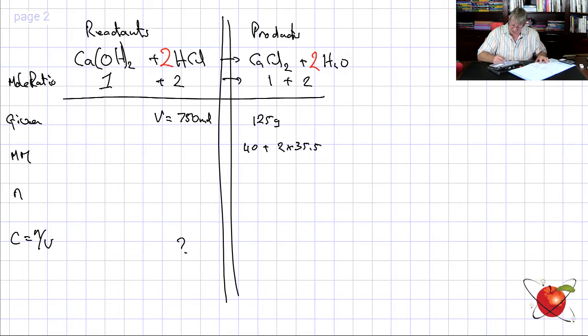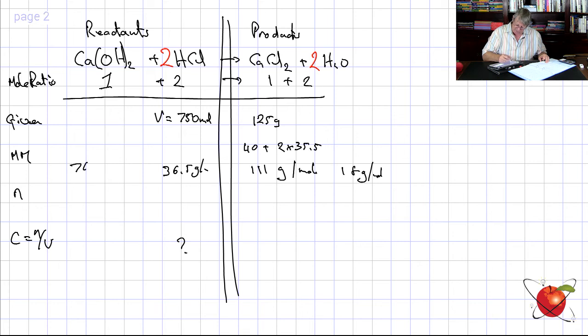That gives us 111 grams per mole, correct? And I'm going to do the water is 16 plus 2 is 18 grams per mole as well, correct? Okay, then we say, right, the HCl is 36.5 grams per mole and 74 grams per mole, right?